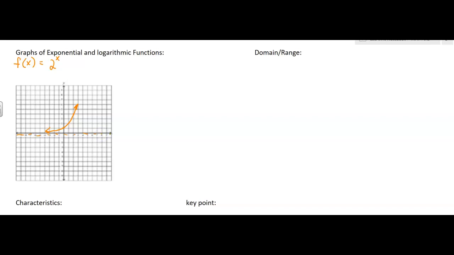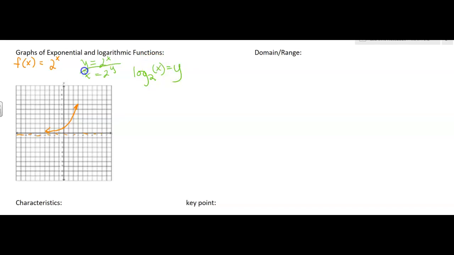Now let's go to a logarithmic function. So remember, if we wanted to change this to a logarithmic function, we would have y equals 2 to the x, but switch the x and y. And now write that as log base 2 of x equals y.